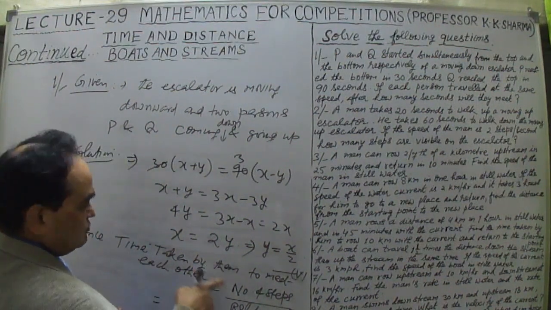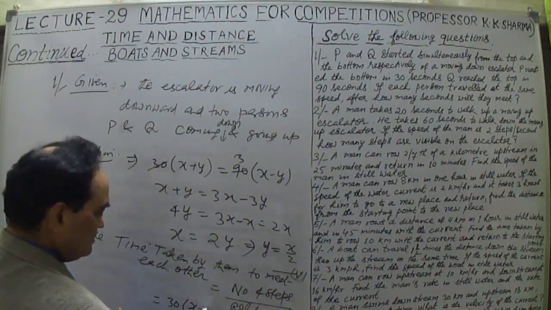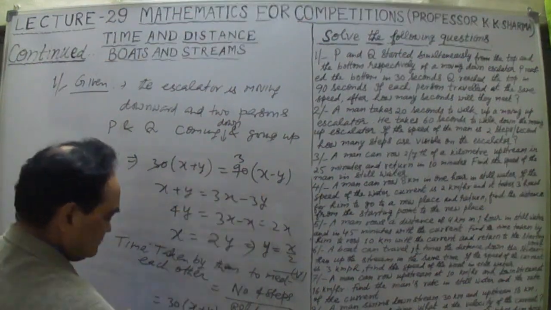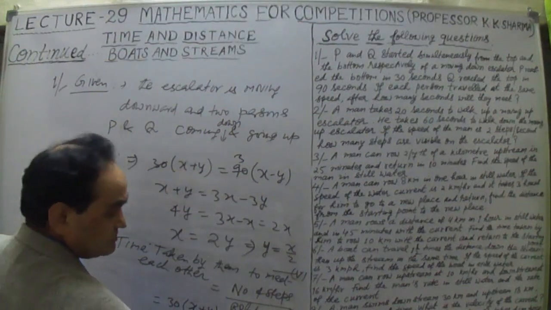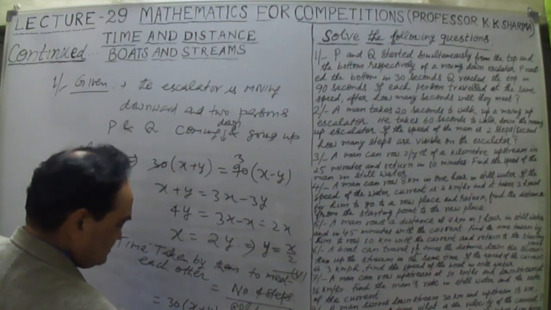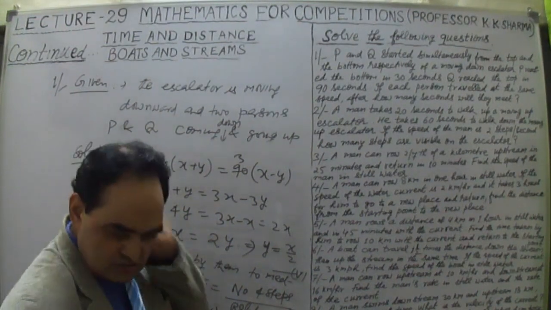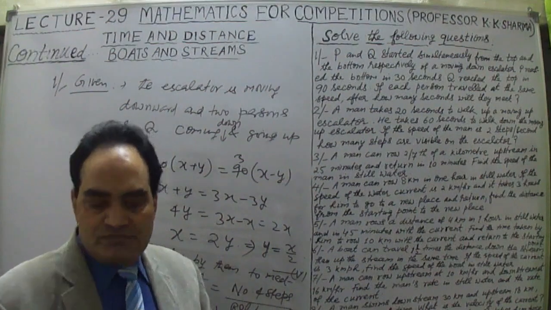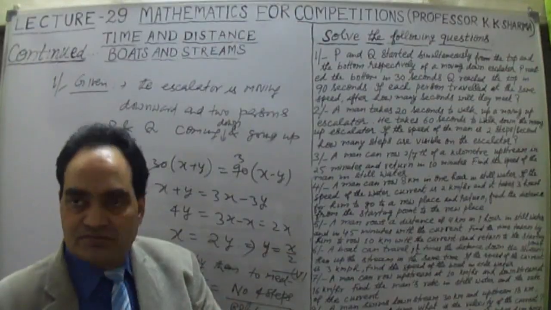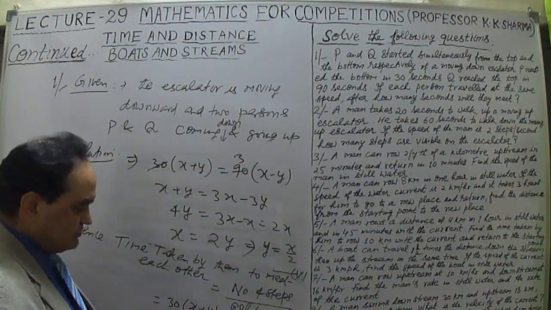So we can substitute here. The number of steps is either this or this; let me take 30 into (x plus y), divided by the relative speed. The relative speed will be (x plus y) plus (x minus y). Why? Because their speeds are added up. Q is moving with speed x minus y, and P is coming down with speed x plus y, so the relative speed is the sum of both these speeds.